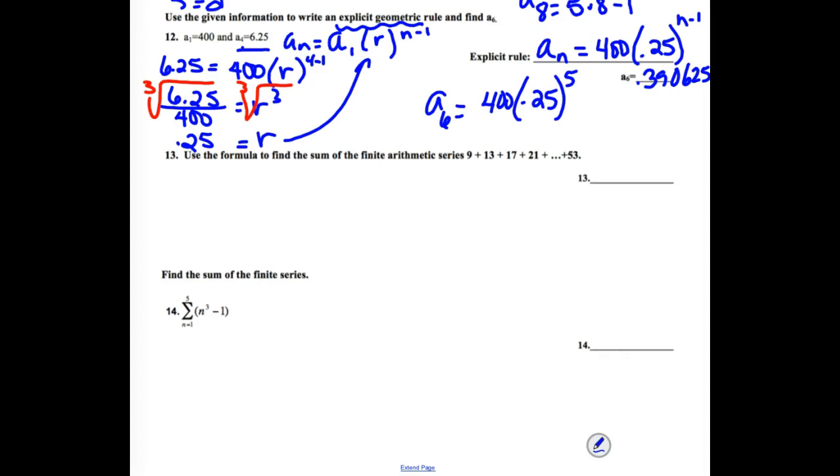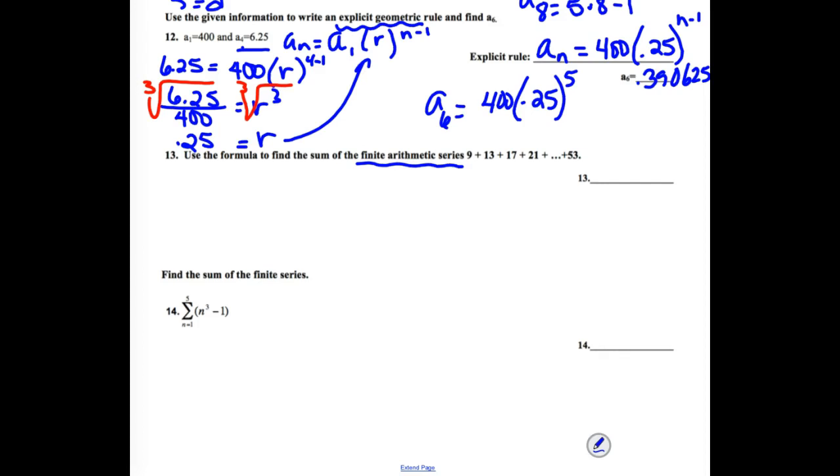It says use the formula to find the sum of the finite arithmetic series. Now, one comment before you do your test tomorrow. It says to use a formula. If I'm giving you a geometric or an arithmetic series where I'm asking you to add those terms together, you have to show me with formulas that you know how to do that.